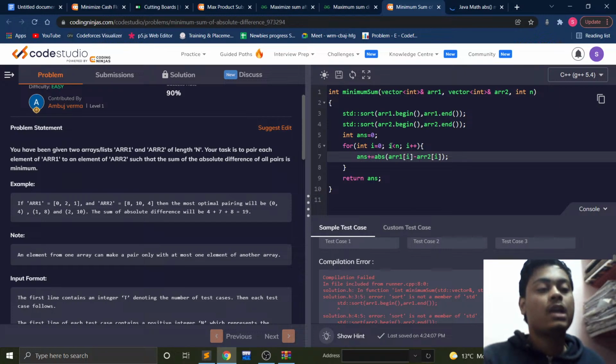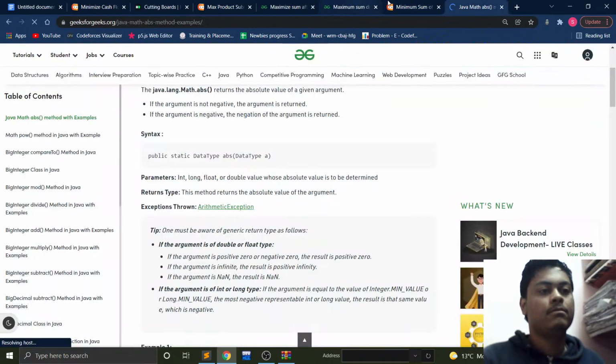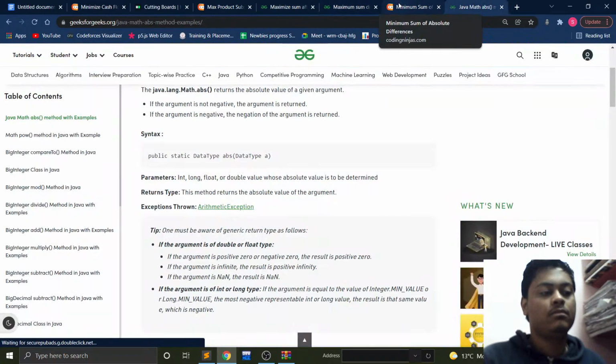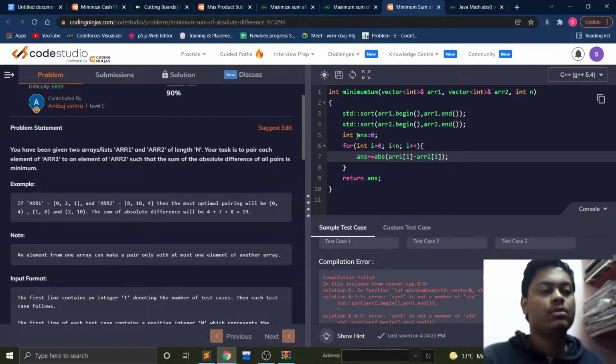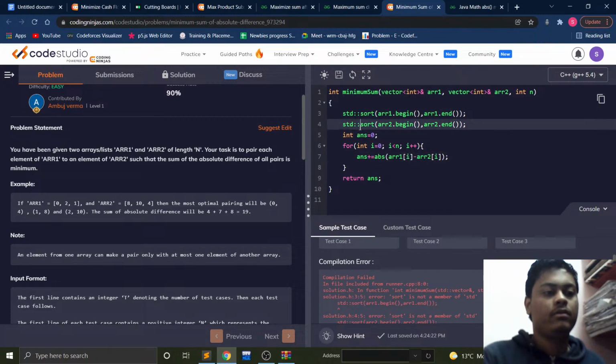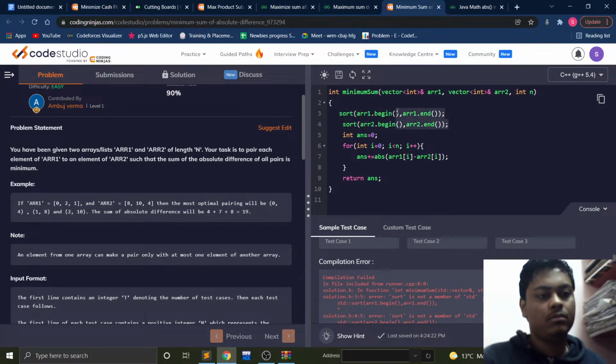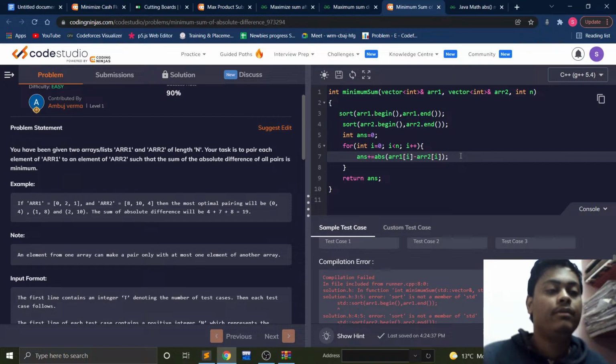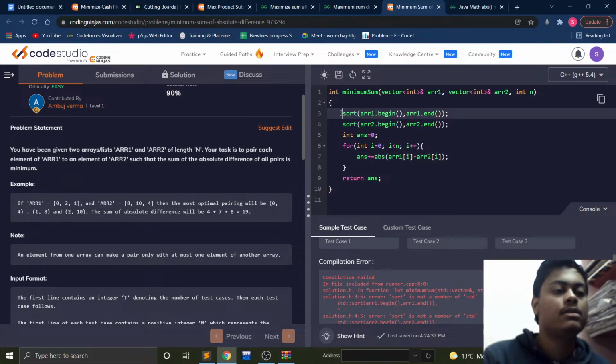Sort is not a member of standard. Is it so? Fine then. Wow. I can sort.